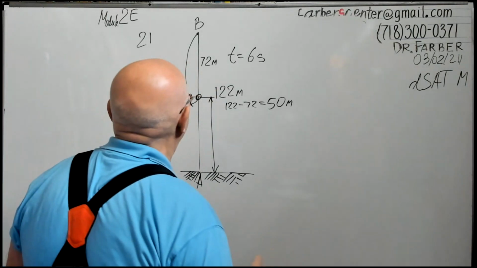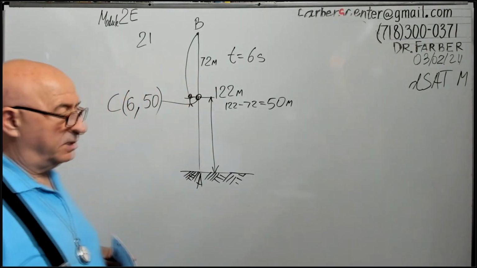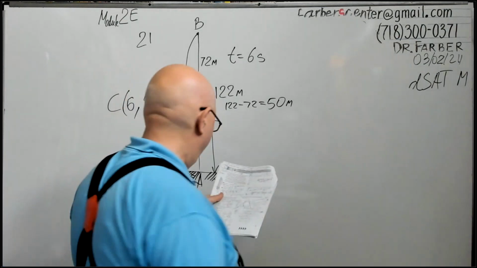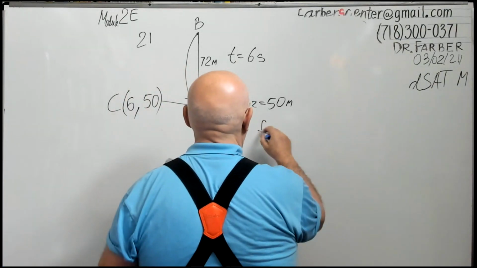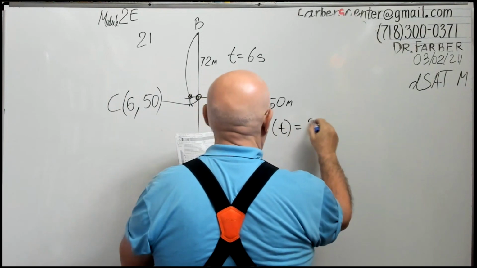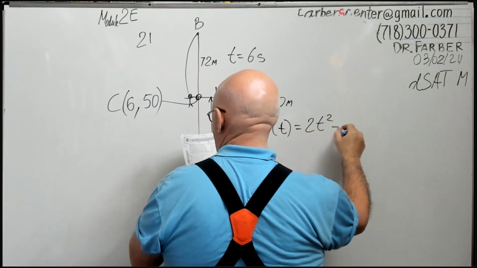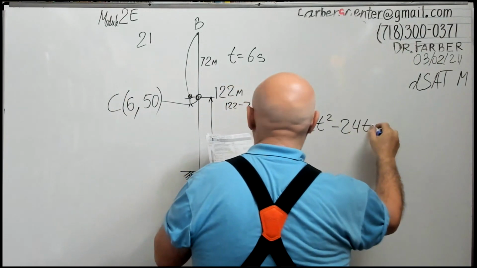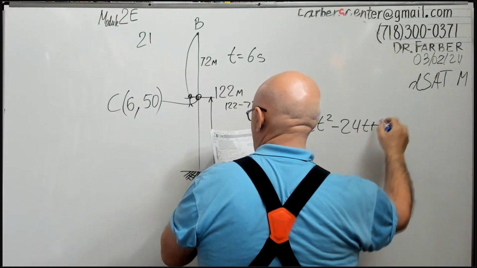So you know, Cardinal, how to find if a point satisfies the equation. Let's say f of t equals 2t squared minus 24t plus, whatever, 122.